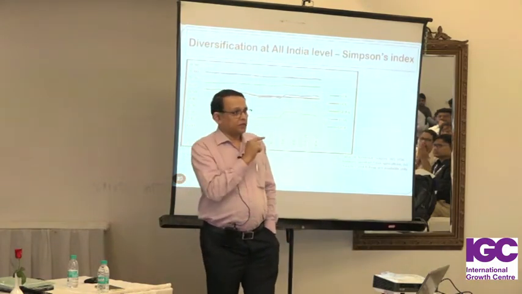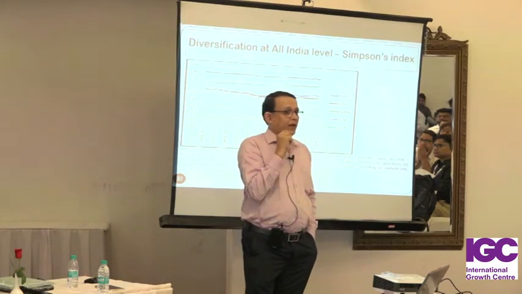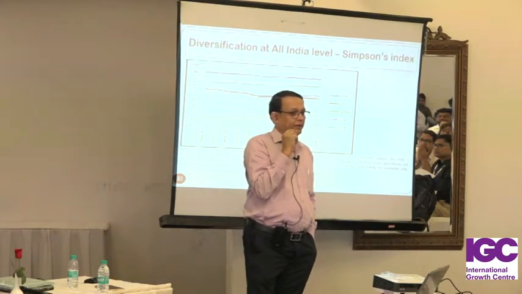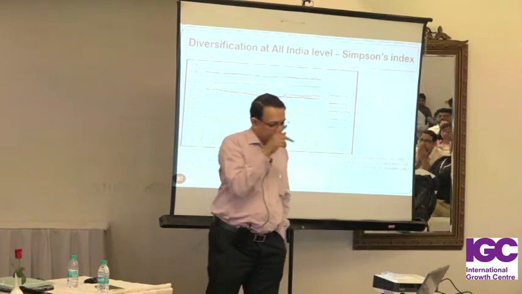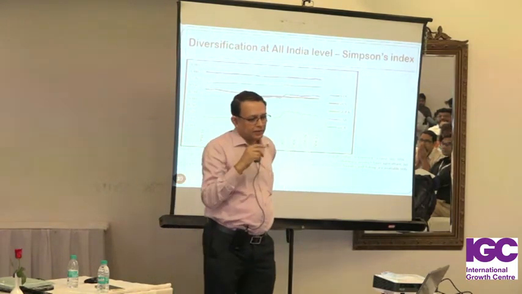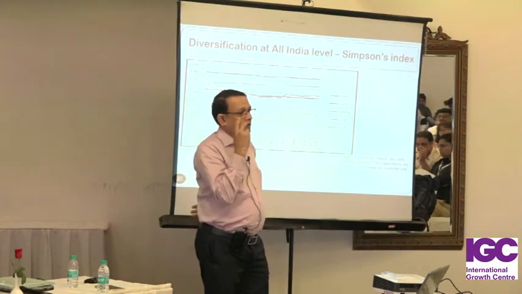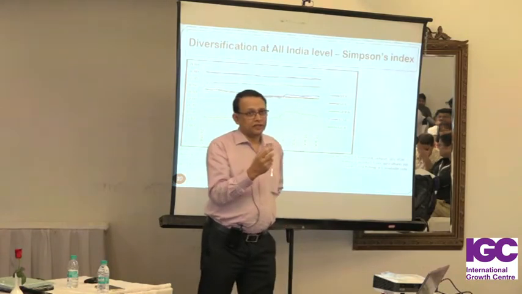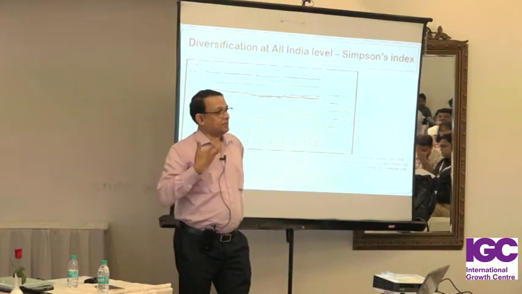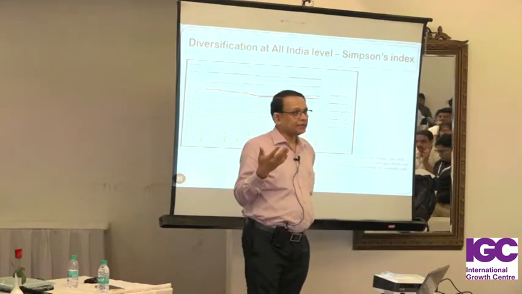A second dimension to it is, how do I put it? This is an issue that I will talk about also in the third lecture: whether the extent of diversification is actually maximizing your income within the state.